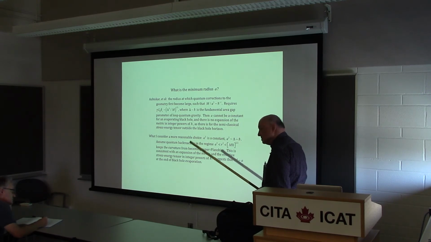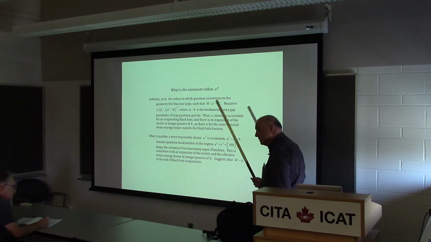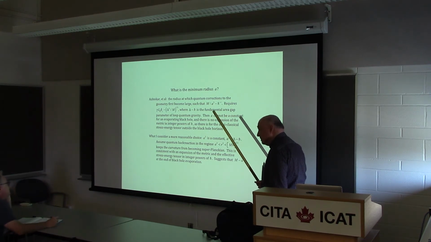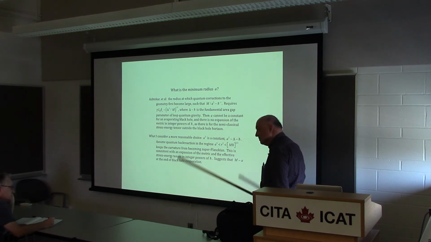That's just when the semi-classical approximation is really breaking down, and so they want to say that's when there is a sudden change from the black hole to the white hole.